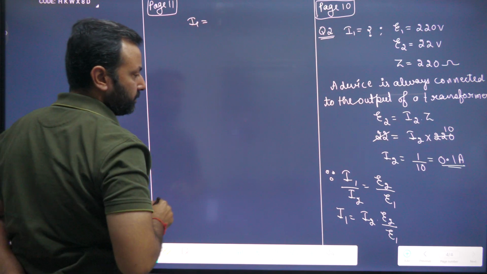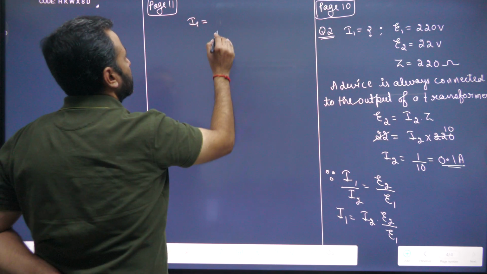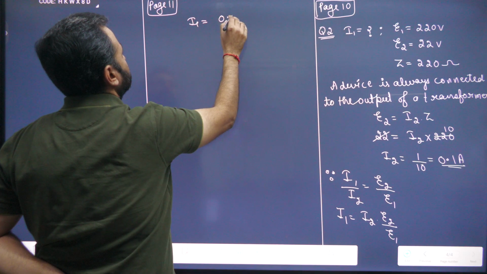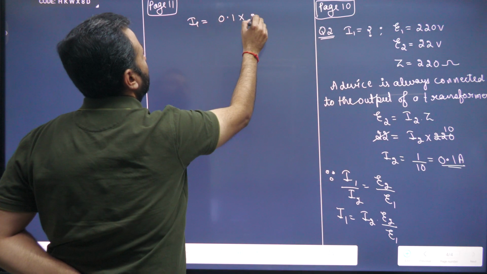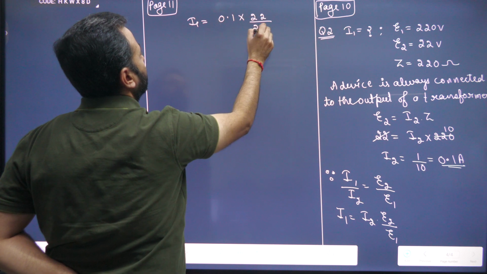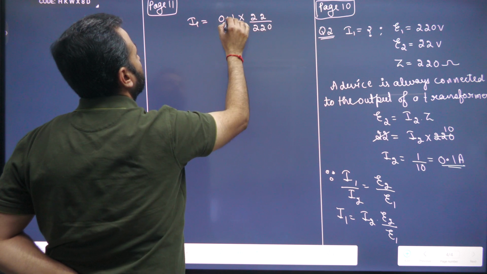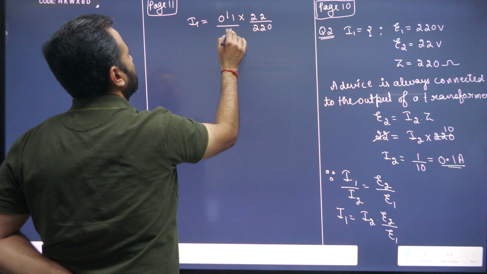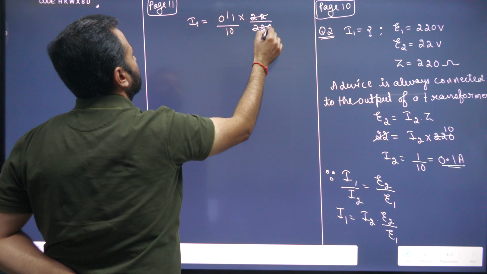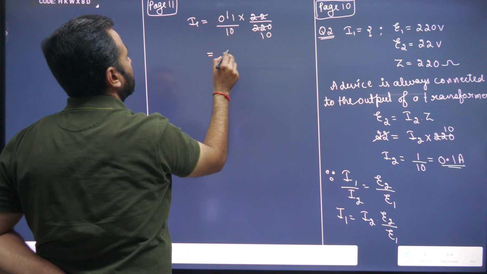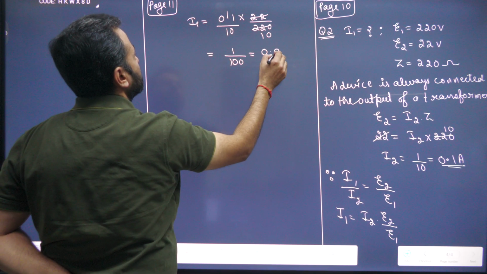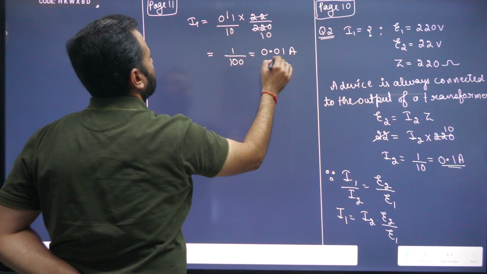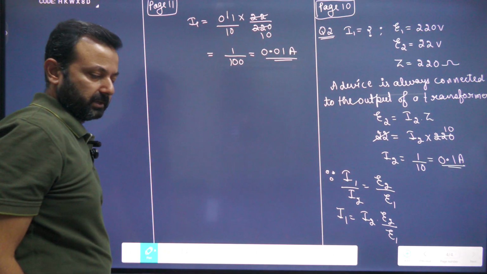I1 is equal to 0.1 into E2 upon E1, 22 upon 220. The decimal is gone, so it is 0.01 ampere. Is that clear to you?